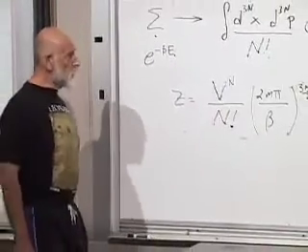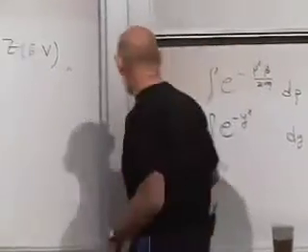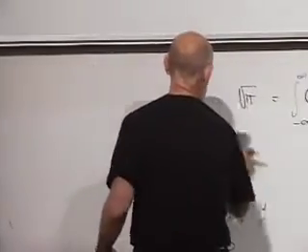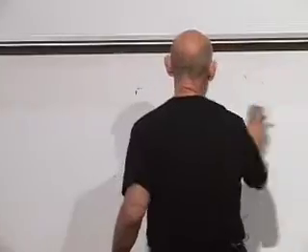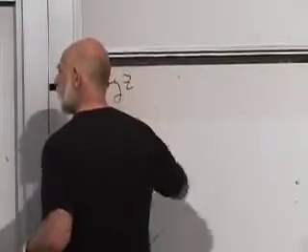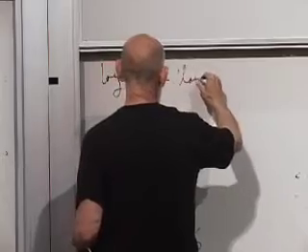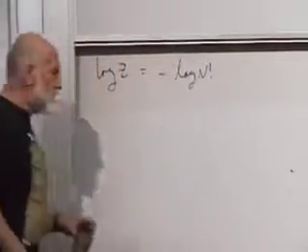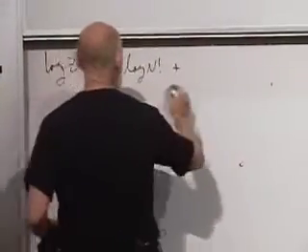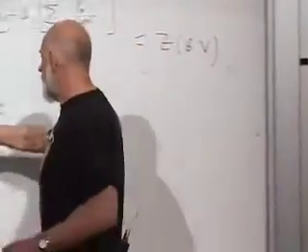Now, first of all, let's calculate the energy per particle. Oh, before we do that, let's take the logarithm of it. I want the logarithm of Z. The logarithm of Z is equal to minus logarithm of n factorial, plus N log of the volume, that's from here.